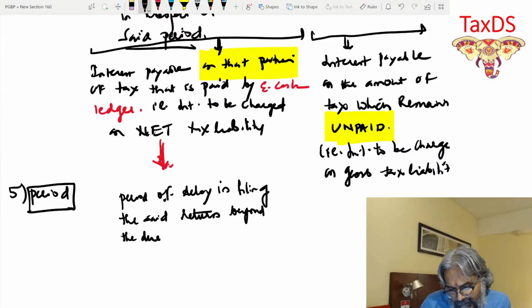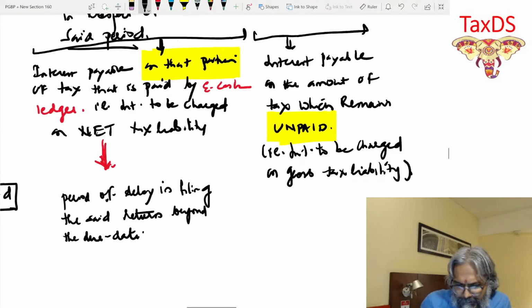Obviously, after the due date, that is after 20th, whatever is the delay, for that period you're going to calculate the interest.